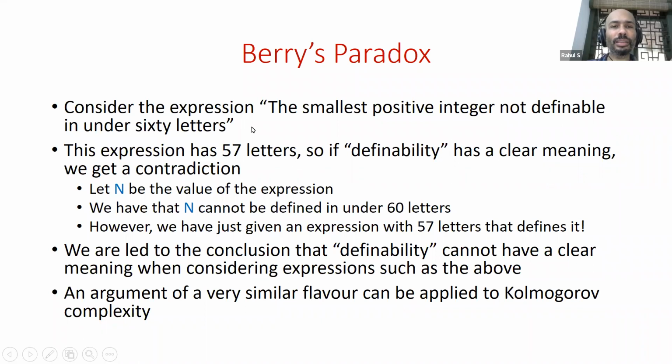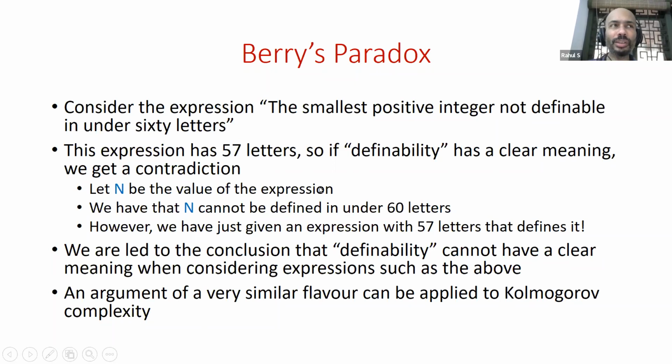Then n will satisfy the condition that it's not definable under 60 letters, because after all, we want the smallest positive integer not definable under 60 letters. But this expression itself is a description of n, and it has 57 letters. And so that's going to be a contradiction, because we've just said that n cannot be described under 60 letters.